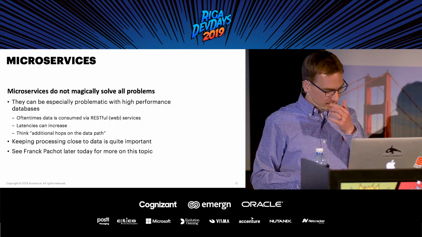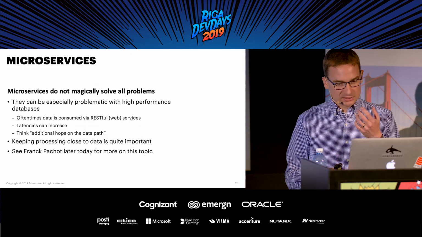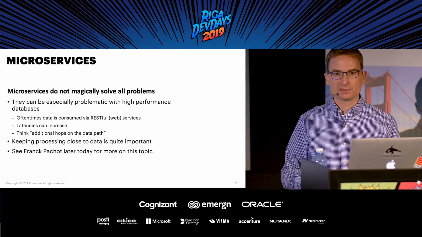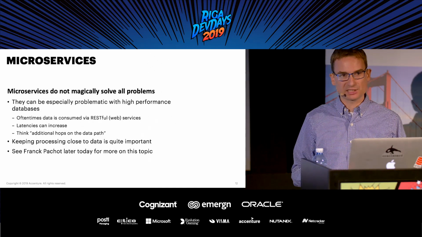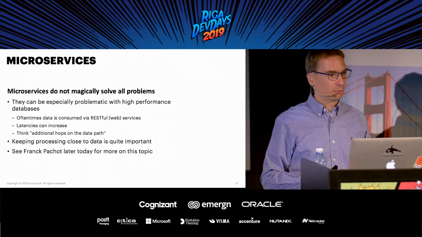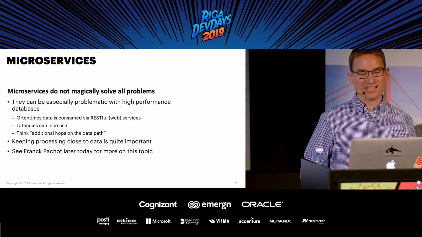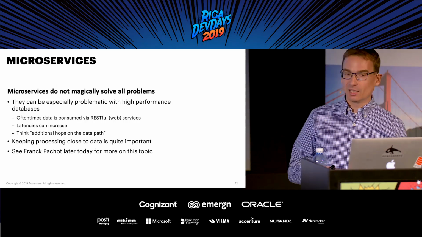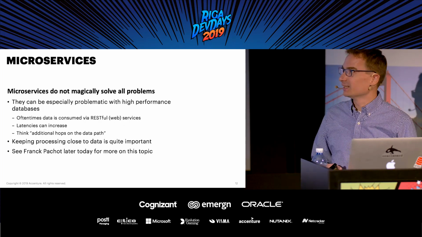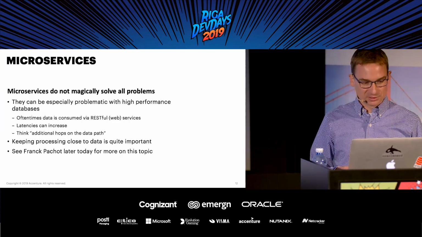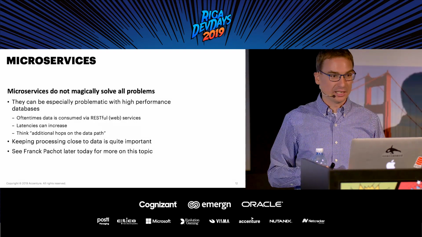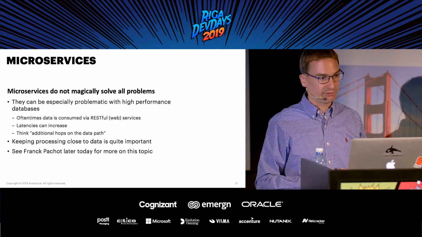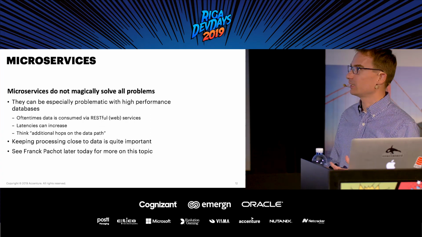Now, I was thinking, over the last 20 years or so, storage has become so much faster. So we're now down to microsecond response times from storage, and all we do is then wrap that up into an HTTP packet and send it over the wire with higher latencies, shall we say. So if you've got high performance databases, then I'd be very carefully monitoring whether packaging everything into JSON and firing it over HTTP is actually the right approach.